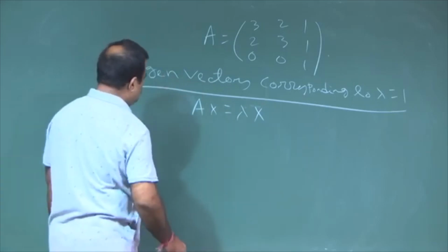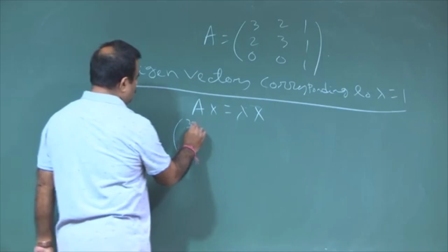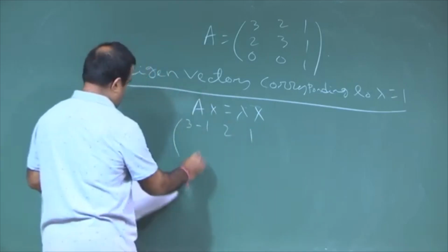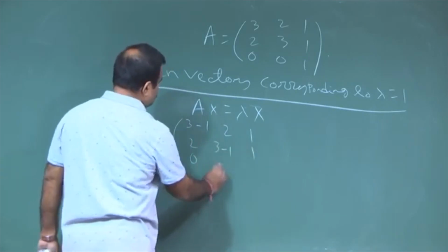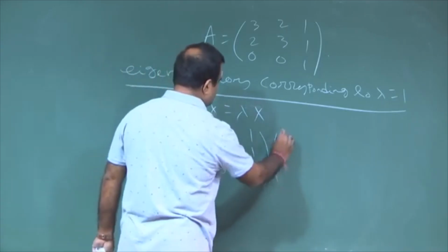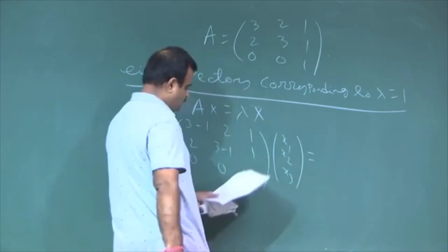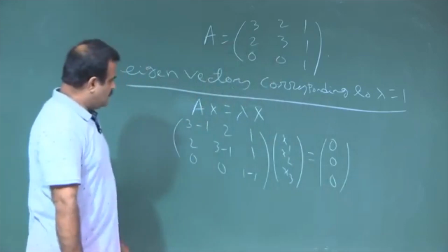Lambda is 1, so if we take this to the other side, it will be giving us the matrix with rows 3 minus 1, 1, 2; 1, 2, 3 minus 1, 1; 0, 0, 1 minus 1, times x 1, x 2, x 3 equal to 0, 0, 0.